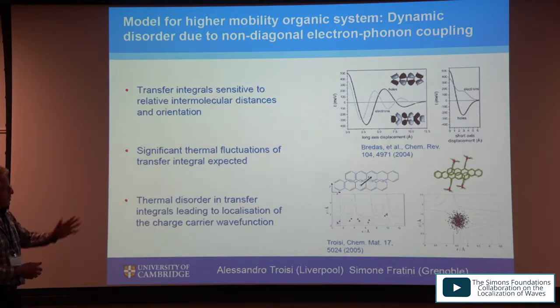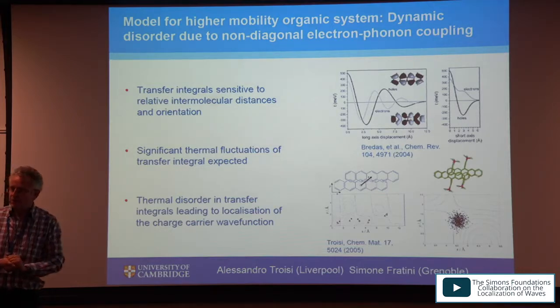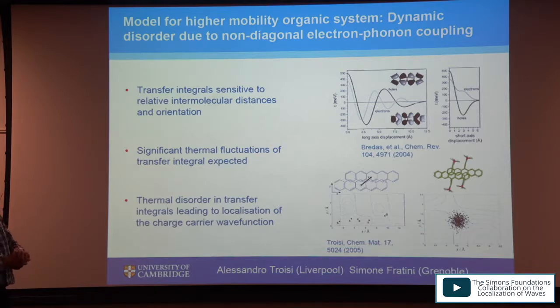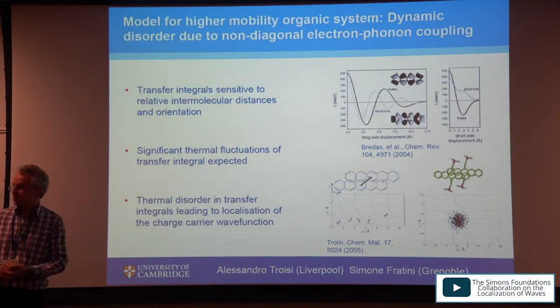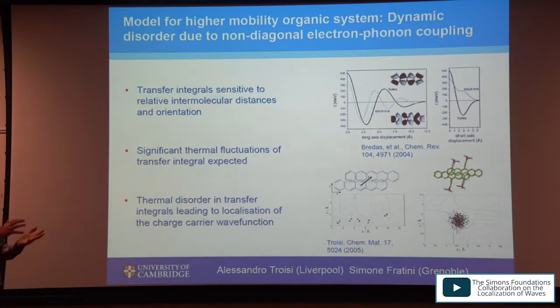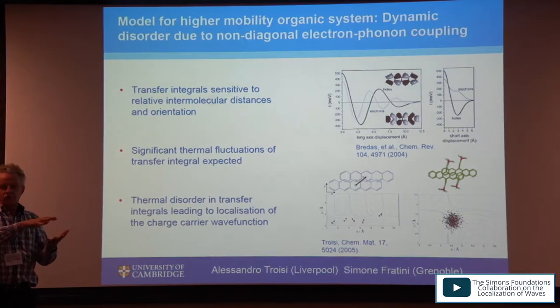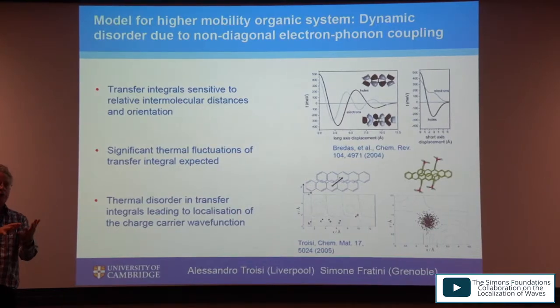One of the models, and this is a slide that my colleague Henning Sirringhaus in Cambridge put together, as a starting point, looks at relatively crystalline materials. These are molecular crystals of materials like pentacene, the example shown here. And Simone Fratini is going to talk, I'm sure, much more about this tomorrow, where a frozen phonon displacement of the molecular positions within a crystal lattice defines a well-structured sort of disorder.